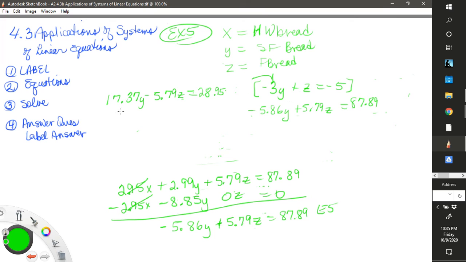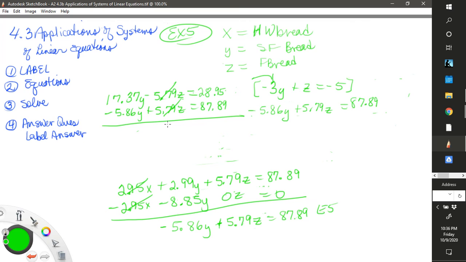Let's line them up. The negative 5.86y plus 5.79z equals 87.89. Our z's cancel.